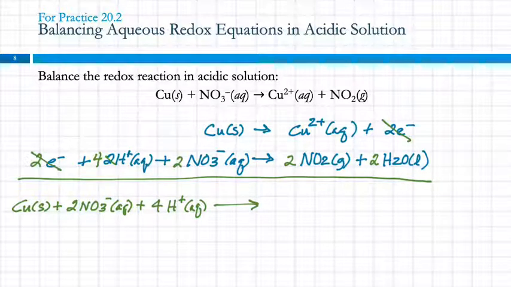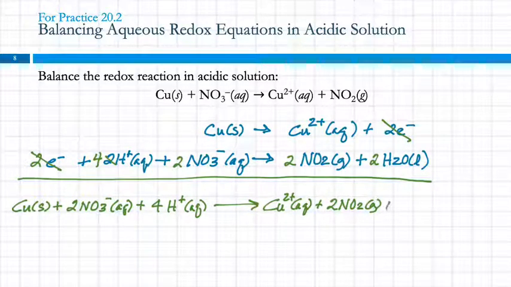And that's going to form 1 copper ion and 2 nitrogen dioxide molecules, and 2 water molecules.